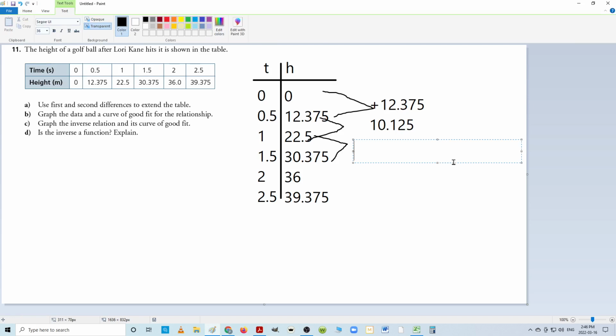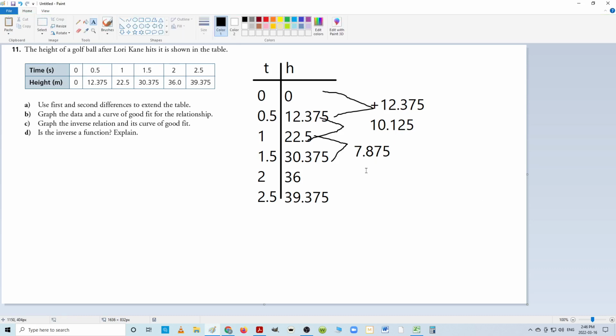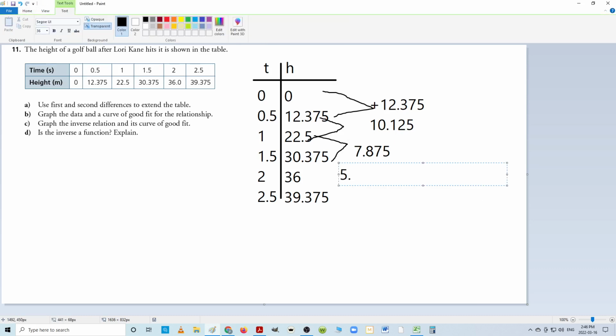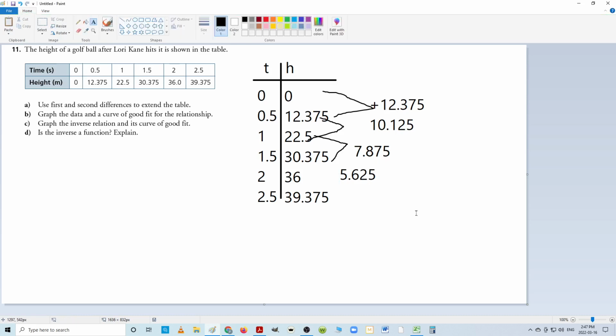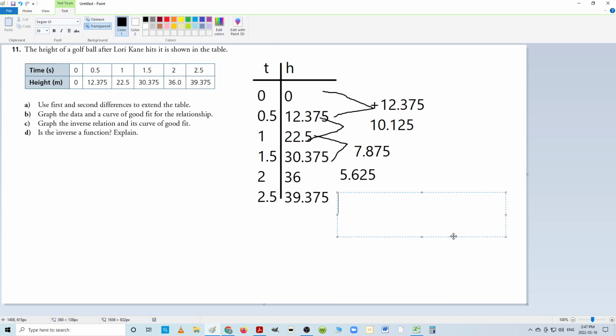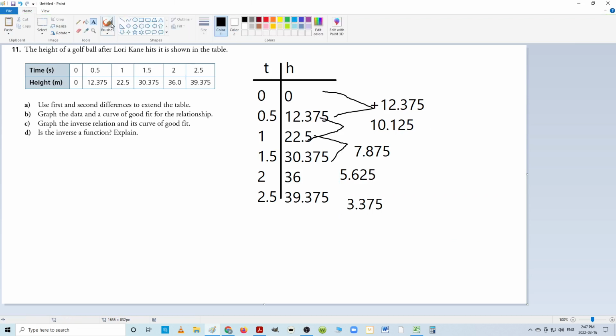And it's roughly 7. It's actually 7.875. Yeah. So if I add that to 22.5, and the next one, it's clear it's only going up 5.625, and the next one, it's only going up 3.375. So we can see the ball's going up less and less.